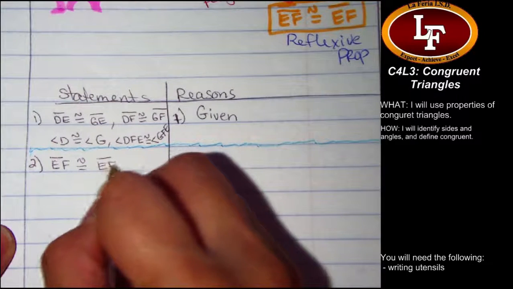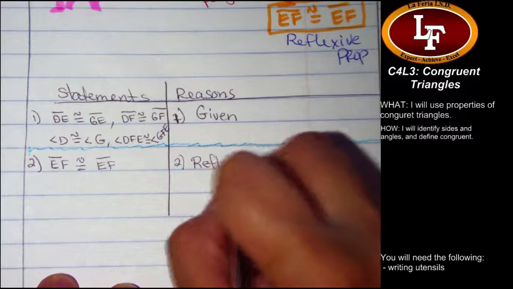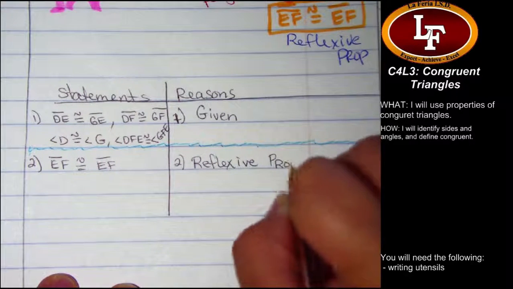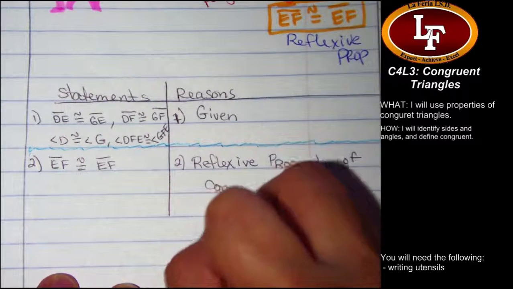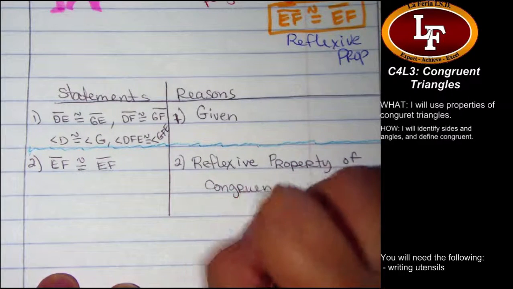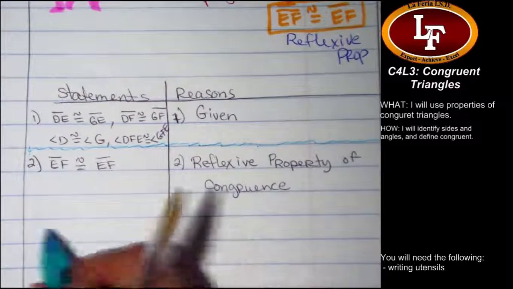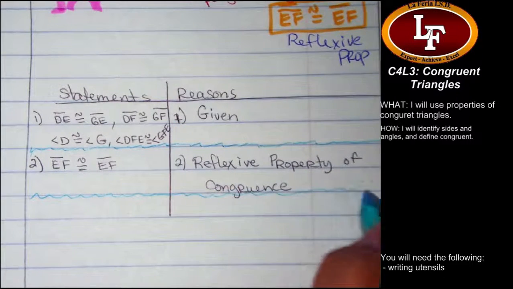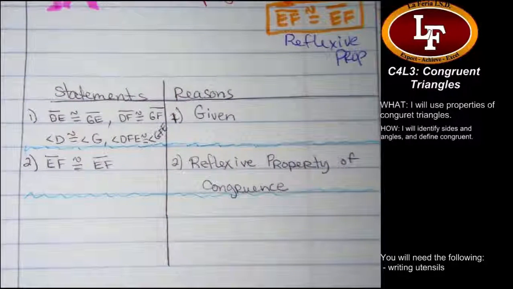So I'm writing the segment one, she's writing the angle one. We're writing the reason. Those of you who are writing the segment one, please write reflexive property of congruence. If you're writing the angle one, you need to write third angles theorem all out in words. Don't abbreviate. Again, I'm going to take my light blue pen and put a squiggly line, just so I know that that line of my proof is done.